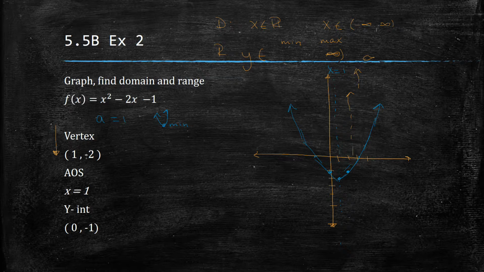So you're going to have an infinity over here, open parenthesis, because we don't know what that is. Close bracket over here on the left, and whatever our value for y is at the vertex. Our vertex is the point 1, negative 2. Our y value is negative 2 right there. So your lower bound, or your minimum value for y, is negative 2.